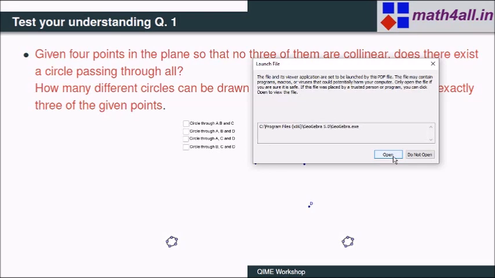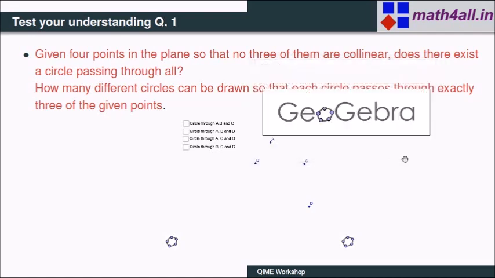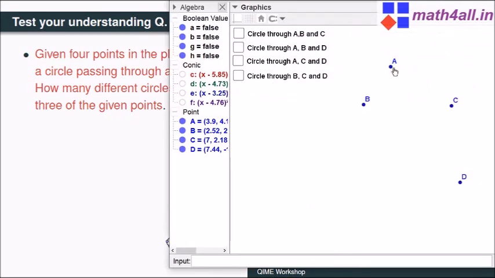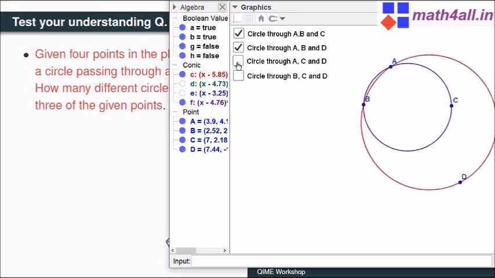And the second question is, how many circles can you pass given 4 points? How many circles are there with 3 points at a time? This is a circle passing through A, B, and C. This is a circle passing through A, B, and D. Given 3 points, there will be a unique circle. So that is okay, there is only one.